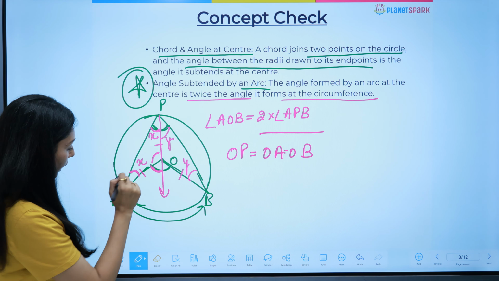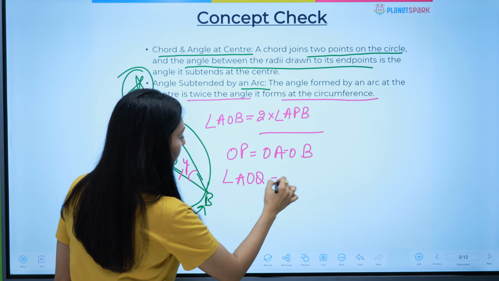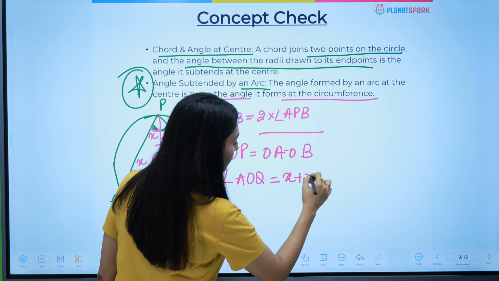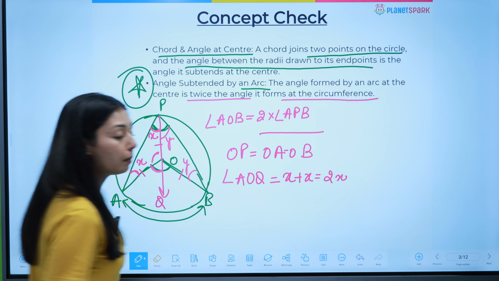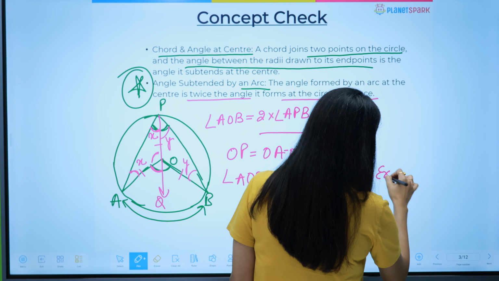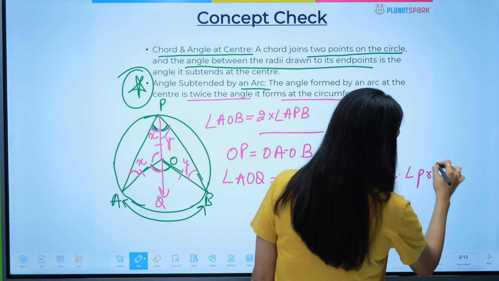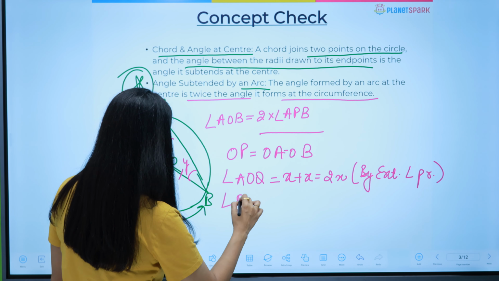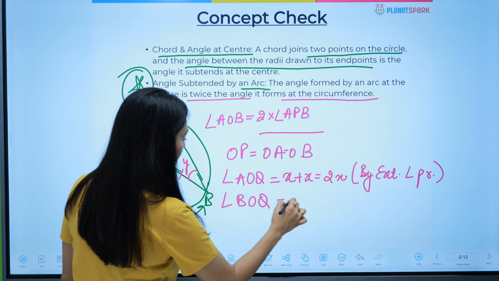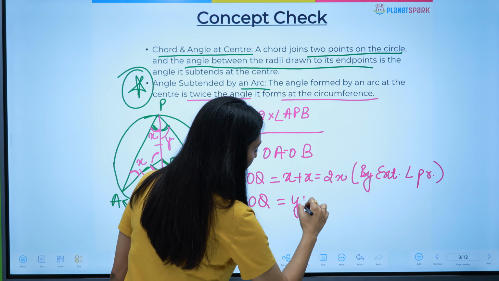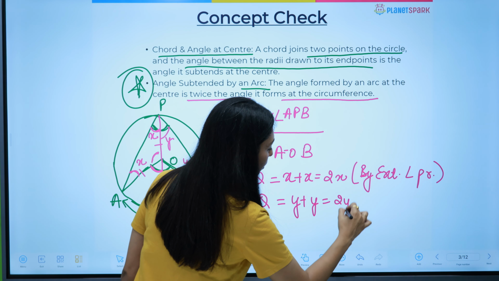So we can write this angle, let's say angle AOQ, as sum of interior opposite angles, that is x plus x, that is equal to 2x by exterior angle property of a triangle, right? Similarly, in this triangle, we can write angle BOQ, this angle, as the sum of interior opposite angles, that is y plus y, which is equal to 2y.